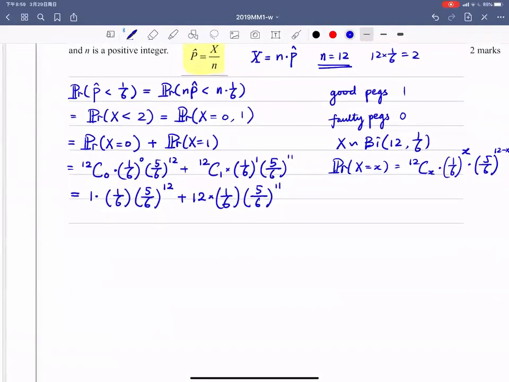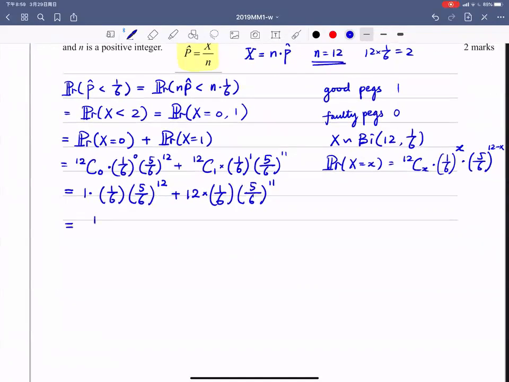What should I do next? Okay, that could be written as 1 on 6 times 5 on 6 times 5 on 6 to the power of 11. Plus, cancel out, you get 2 times 5 on 6 to the power of 11. So I'm actually creating a common factor for you to proceed with simplifying.